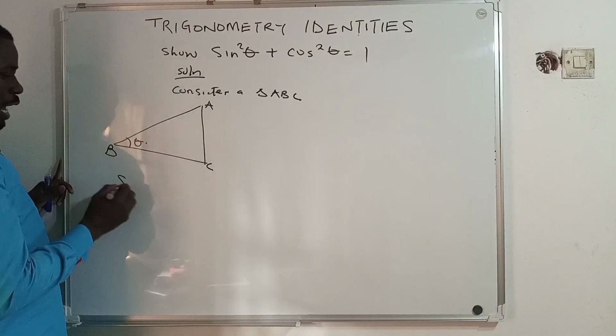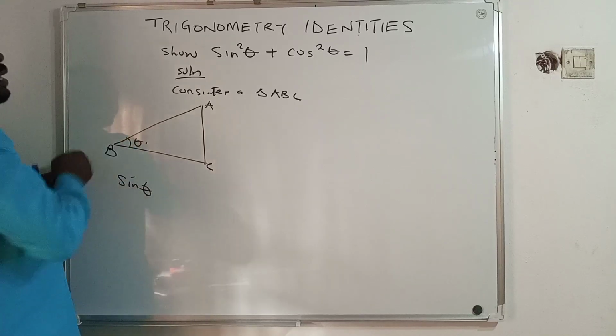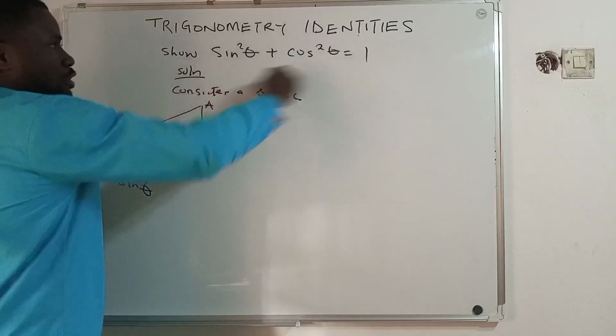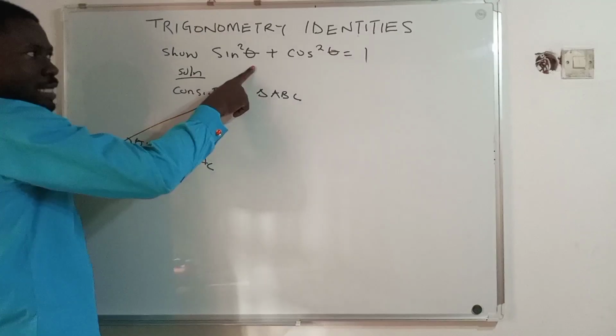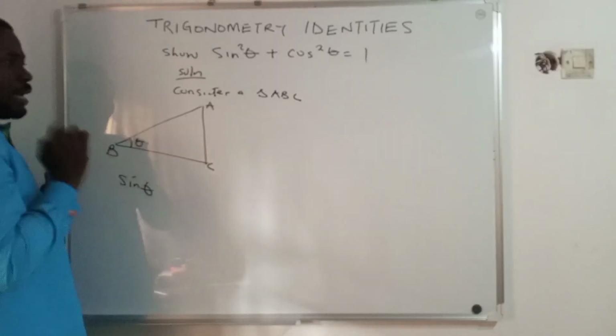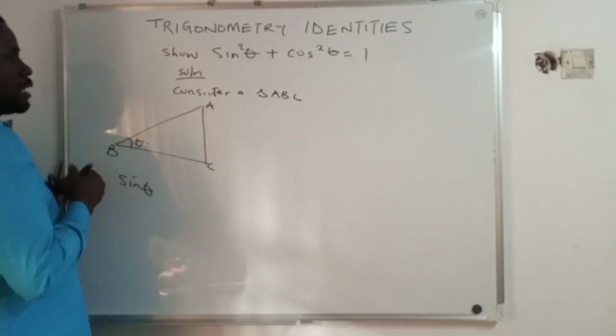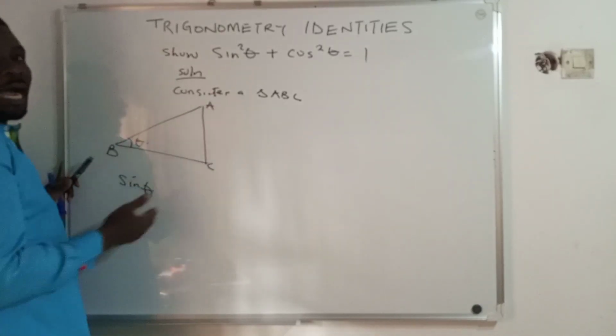First, you have to say sine theta. Remember the question given to us has sine theta, cos theta. So we take first sine theta. Again, having said that this triangle is triangle ABC, let us further define the sides.